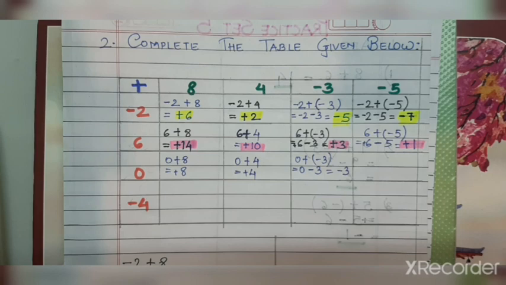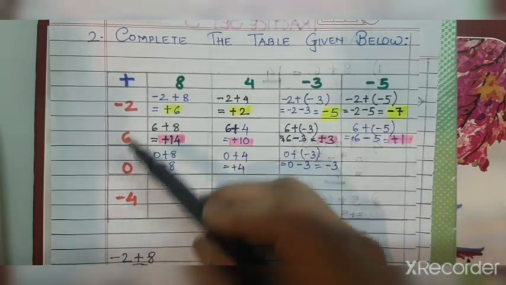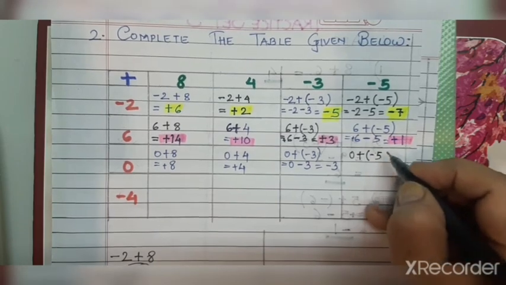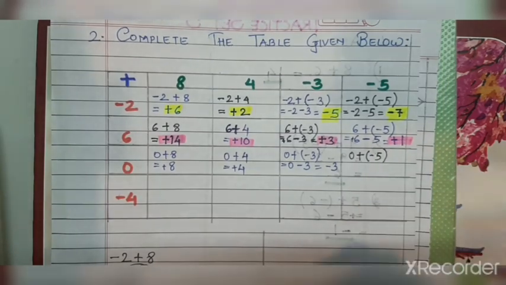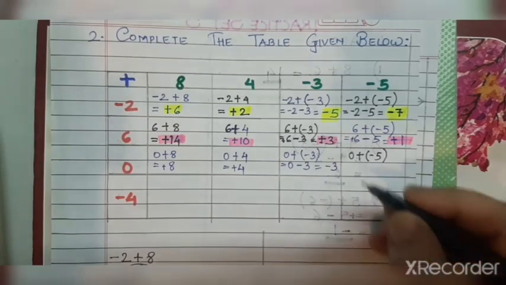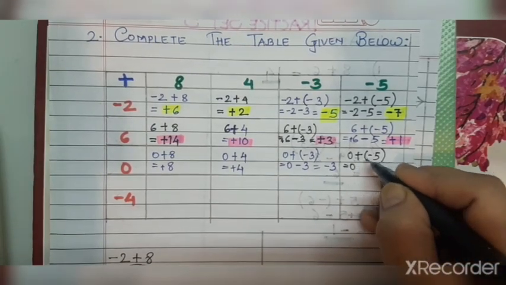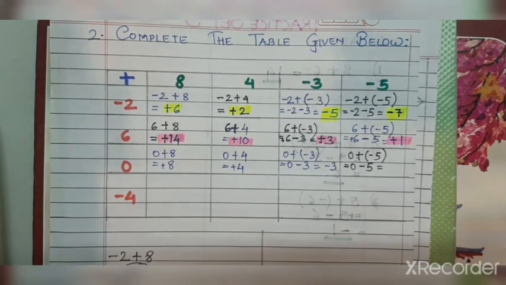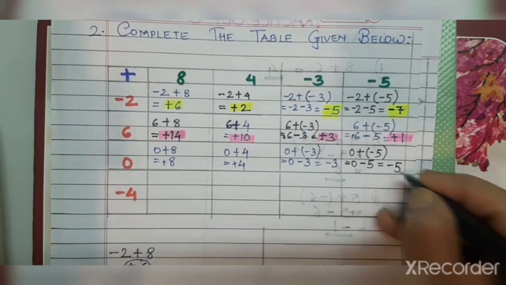And the last one here, 0 plus -5. So here again first solve the bracket. Plus into minus is minus. As I said, any number with the 0 is the same number itself. So here minus.